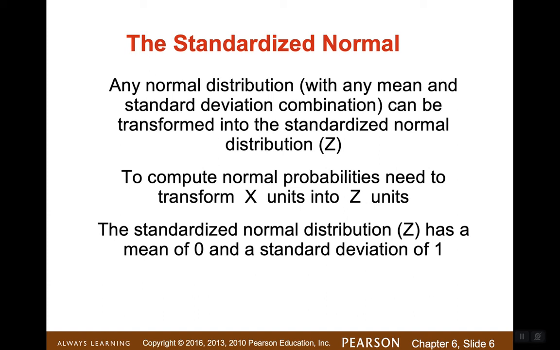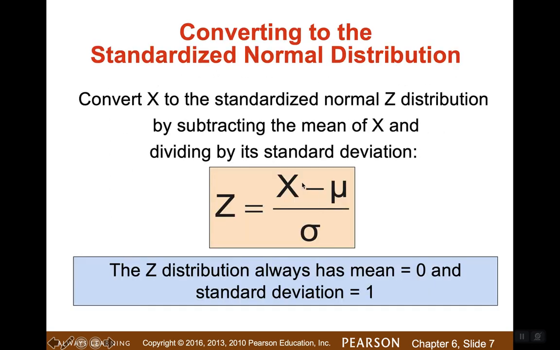All we're doing is changing the mean to 0 and making the standard deviation 1. It'll still be there, but converted to what we call z units.